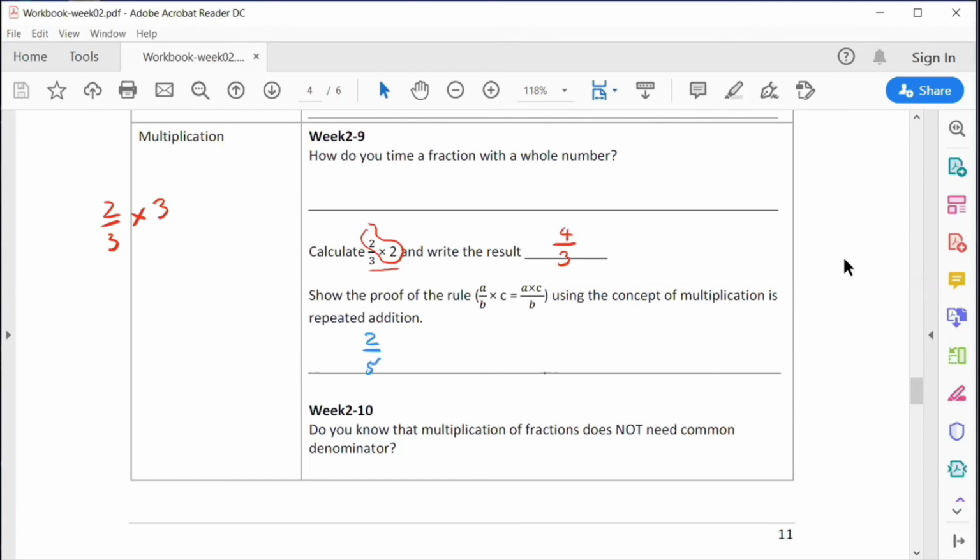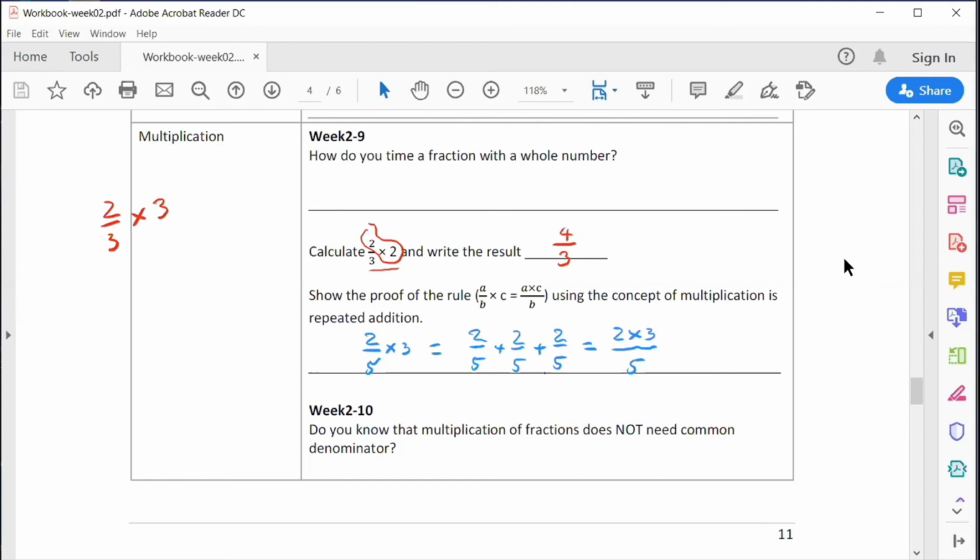So let's say 2/5 times 3. To show a young kid why you times the top, I would do something like this: 3 times means 2 out of 5 plus 2 out of 5 plus 2 out of 5, because it's three times of it. So that equals 2 times 3 over 5.